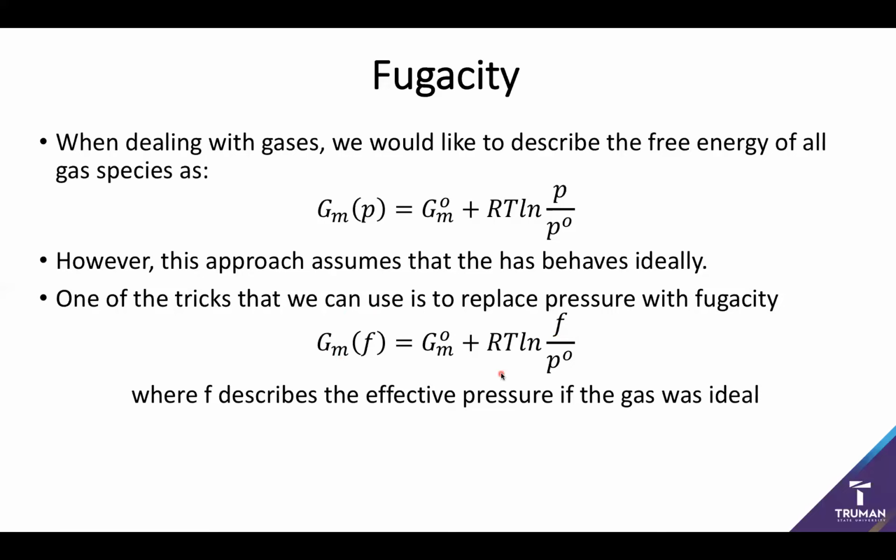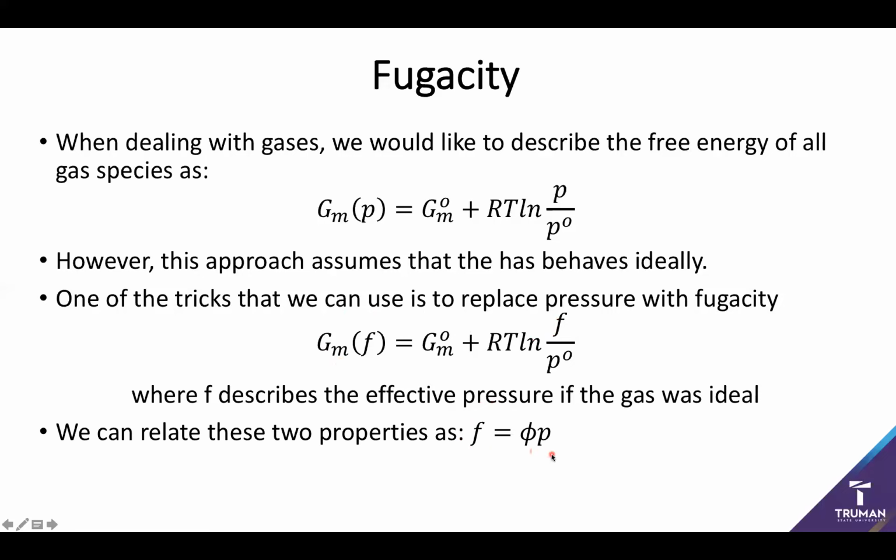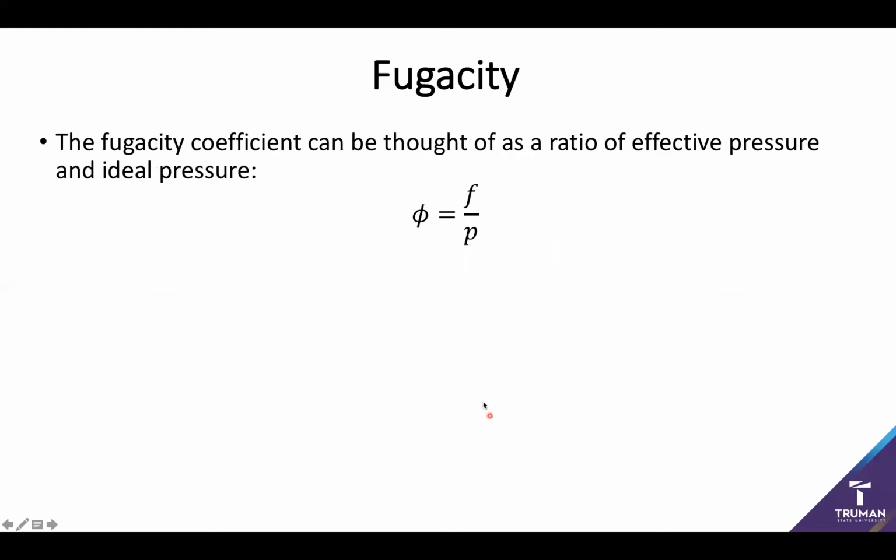So we can essentially try and relate the difference between our fugacity and the actual measured pressure of the system by what's called the phi, or the fugacity coefficient. So our fugacity coefficient is really just a ratio of our effective pressure, so what the gas acts like, and what the gas really is.